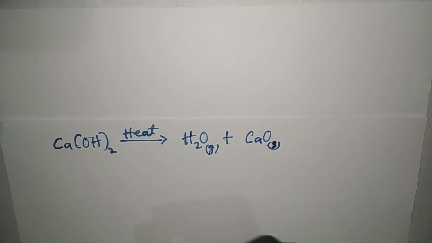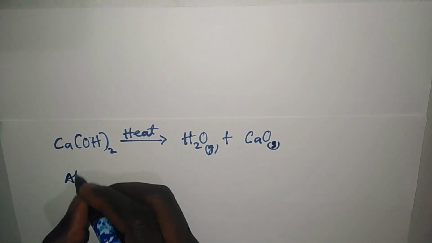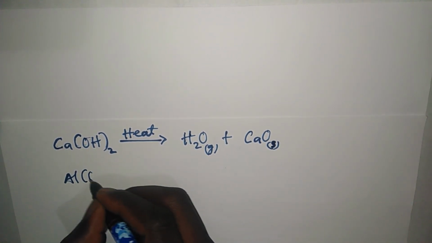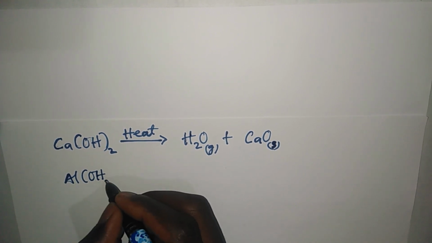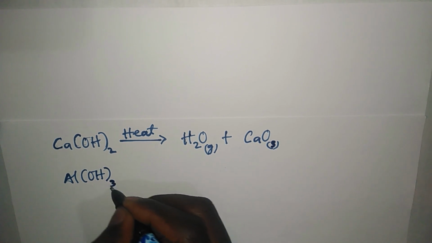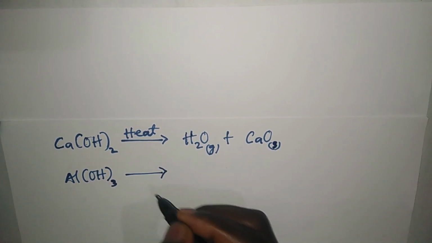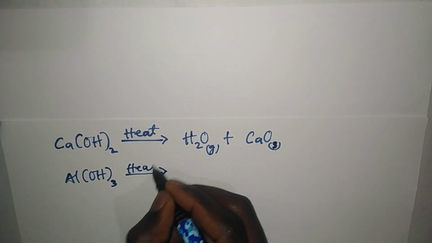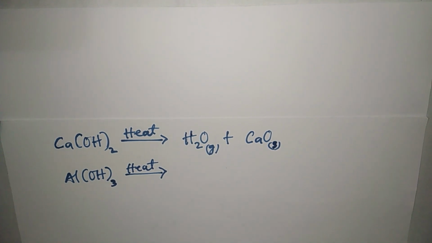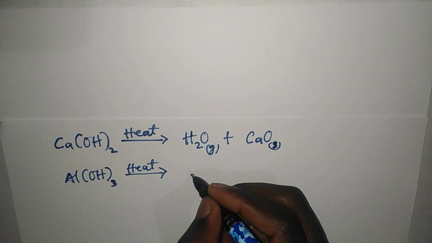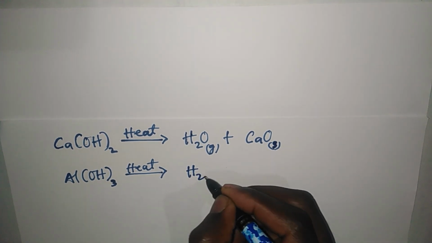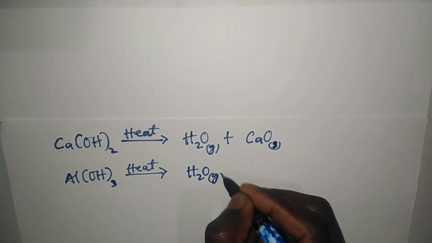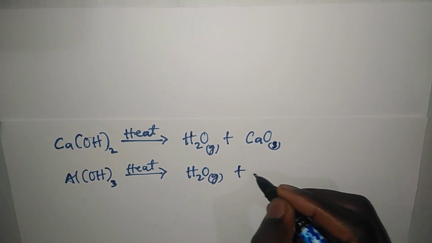Now let's take another one. Let's say we have aluminium hydroxide. We have heat. Since you are heating it, the same process, water will be removed in the form of gas, and then what will be left will be aluminium oxide.